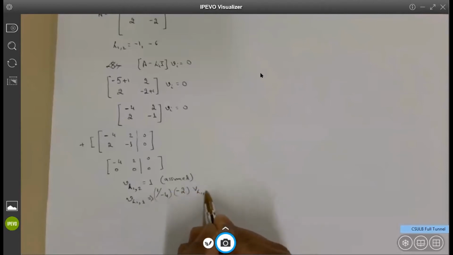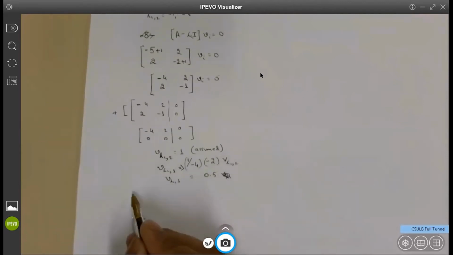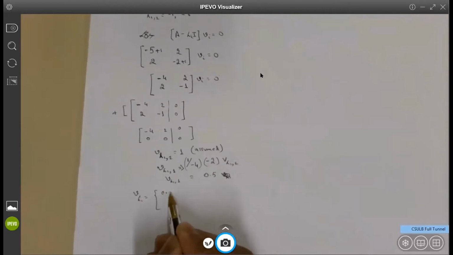V lambda 1 comma 2 is basically 0.5. So for the first eigenvalue, what you actually get is 0.5 and 1.